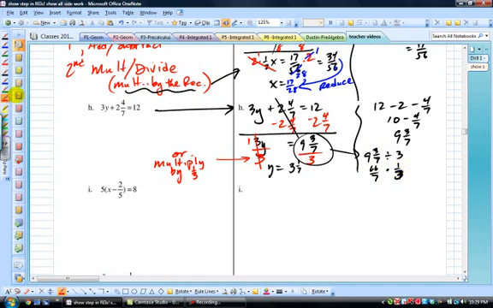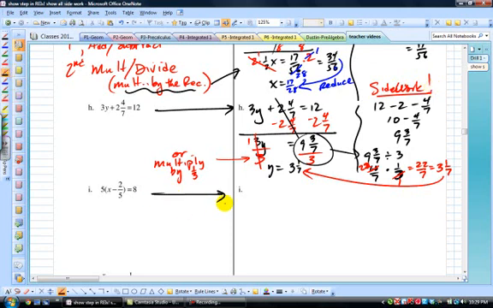Show simplifying, divide by 3, and you get 22/7, which is 3 1/7. Notice that's the same thing. Okay, so do your side work. Okay, show your side work all the time. Okay, pause the video, try this one here.